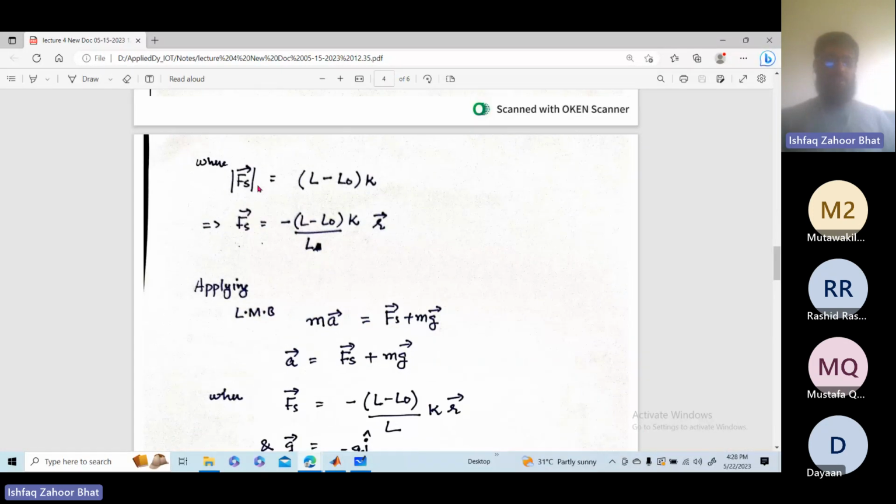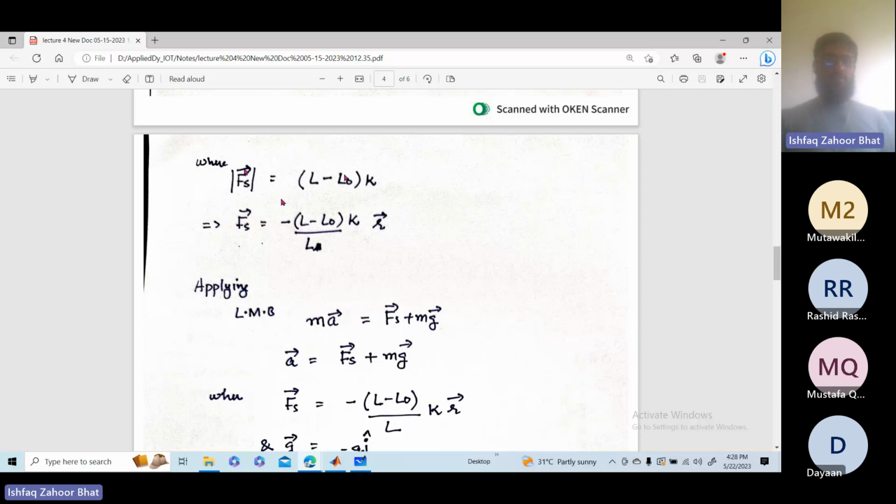So mod of Fs, that is Fs, is nothing but delta L, which is L minus L naught, times K, that is the spring constant. Okay, so this is the scalar part, or the magnitude, of the spring force.